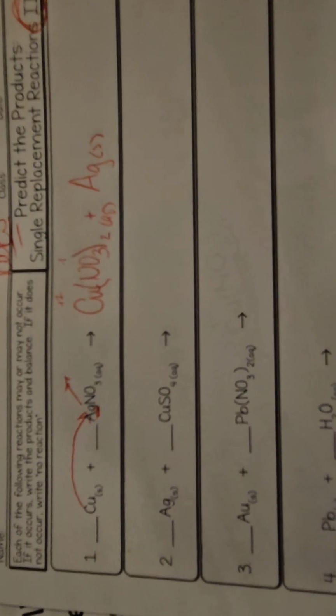Now the copper is going to be with the nitrate. Copper's +2, nitrate's -1, so we have to do Cu(NO3)2, and now the silver has been kicked out and is by itself. This is going to be aqueous, and this is going to be solid. You don't have to do the whole net ionic.